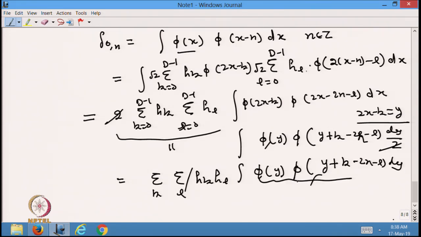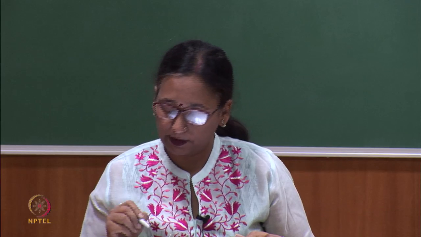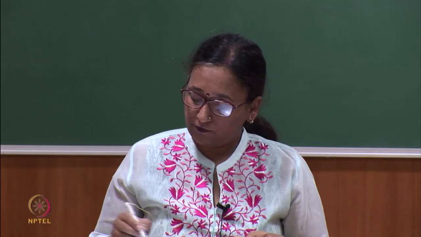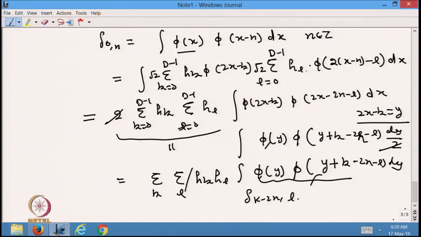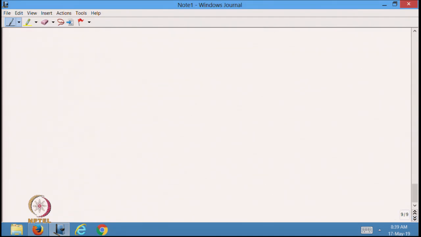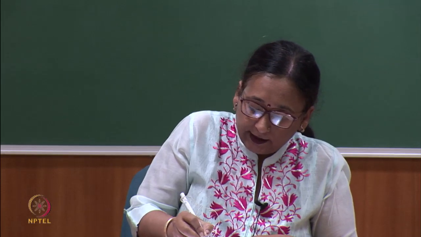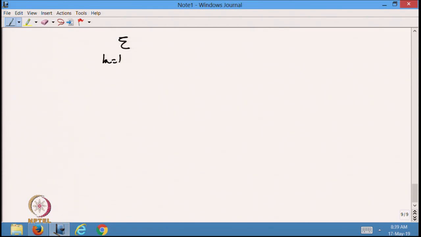So, I can write this in the form of a delta function, k minus 2n into L, because it is the assumption of MRA that it forms an orthonormal basis. Whatever non-zero terms I get, I can write in this form.